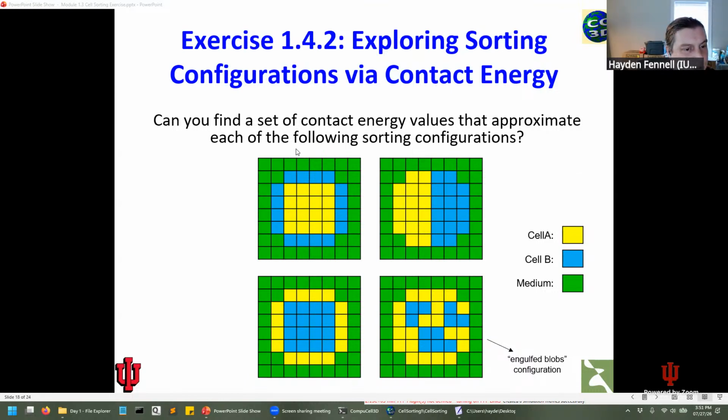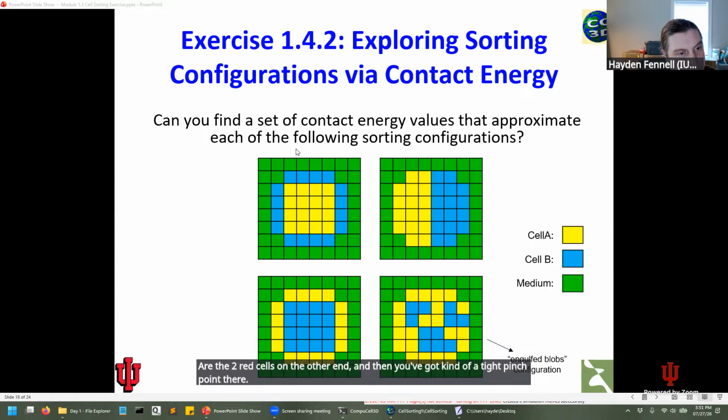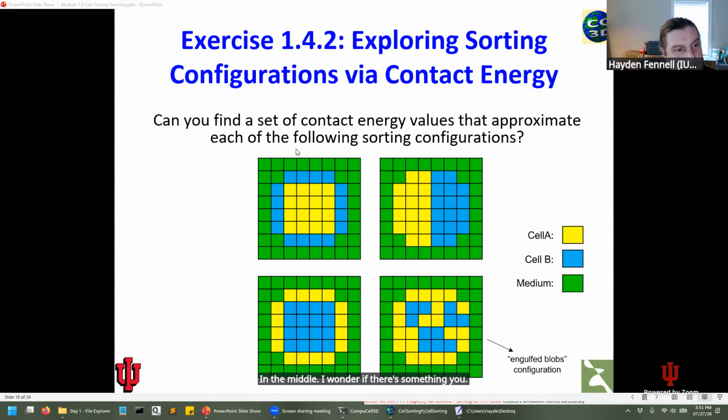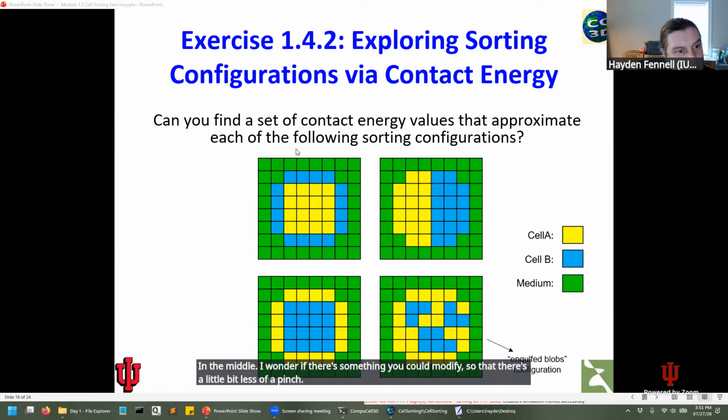Ali, you're very close with the side-by-side. You do have one or two red cells on the other end, and then you've got a tight pinch point there in the middle. I wonder if there's something you could modify so that there's a little bit less of a pinch. There'll always be a little bit of one.